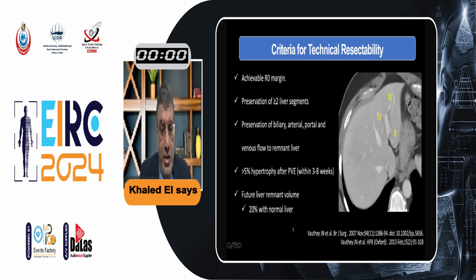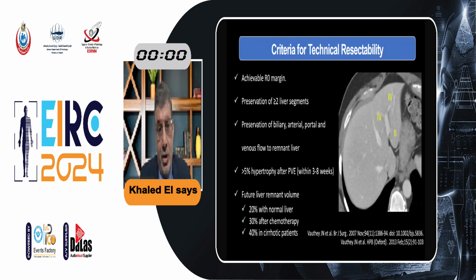We need to look at the future liver remnant: if the liver is normal, the patient can sustain with 20% of it, 30% after chemotherapy, and 40% in a cirrhotic liver. This is what you need to have after surgery.